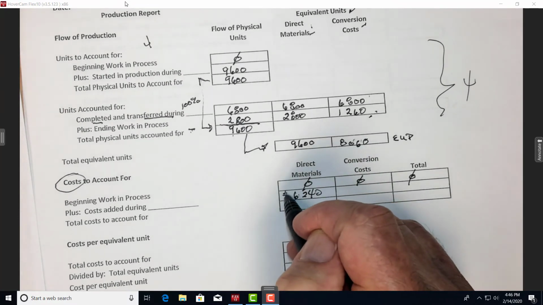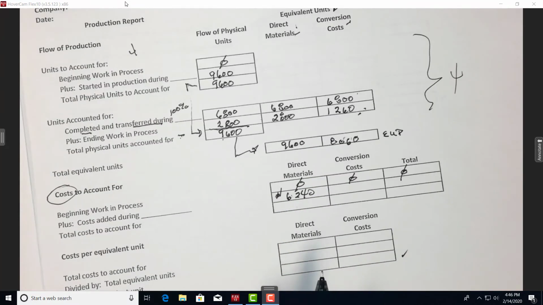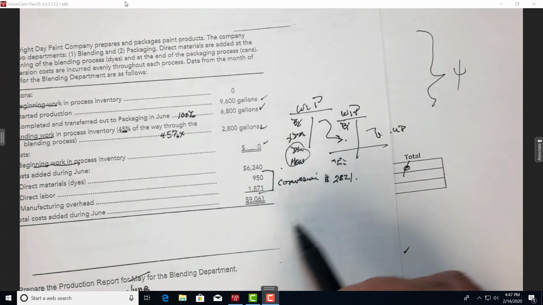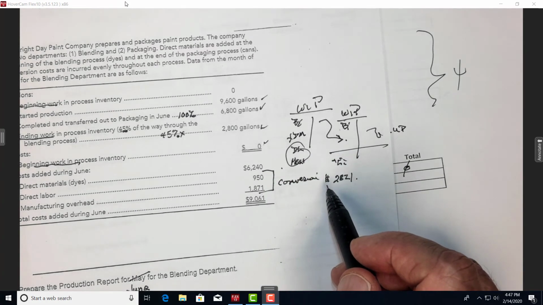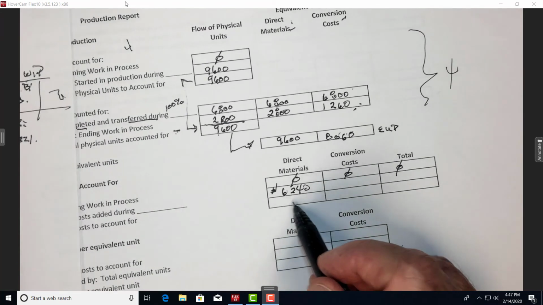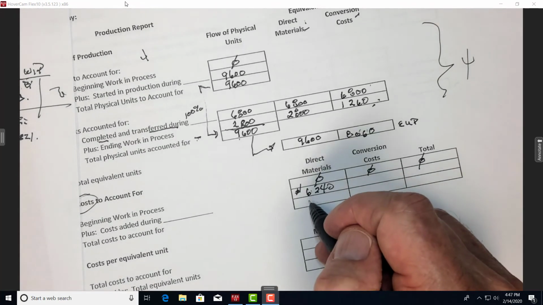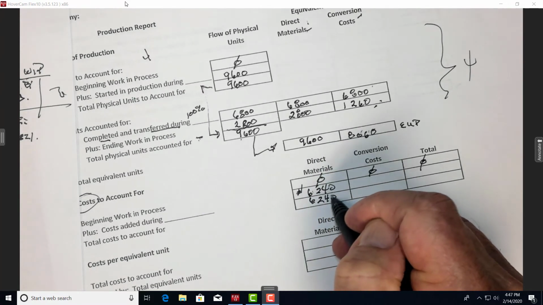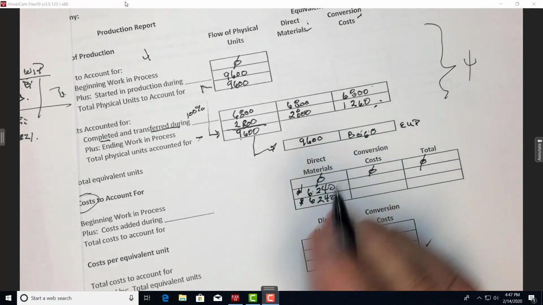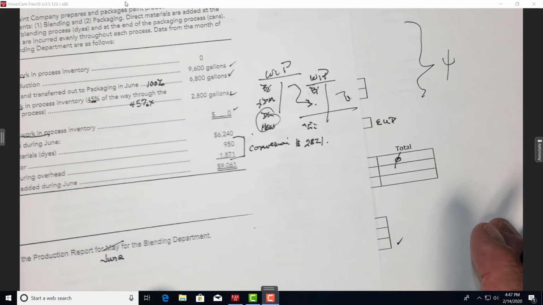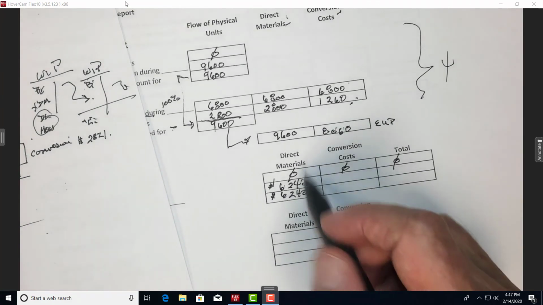Then the total cost to account for is going to be 6,240 for direct materials.